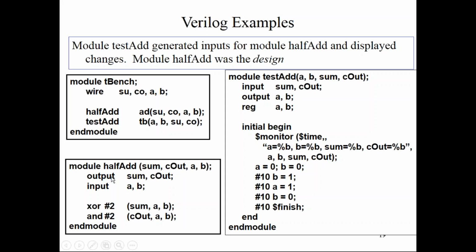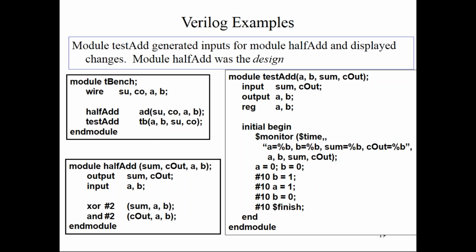In the actual design, sum and carry are the output, but for the test bench, sum and carry are used as input, and A and B are changed to output. Okay. That variable is declared as register, REG.